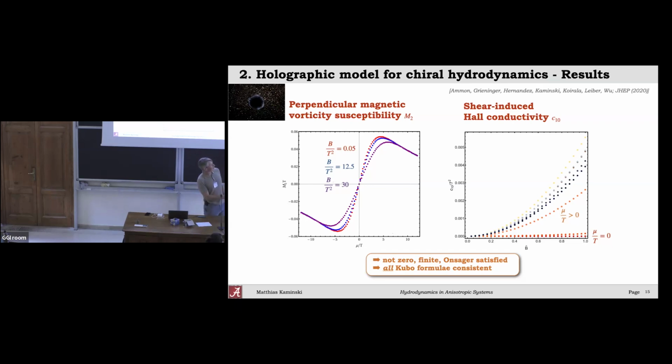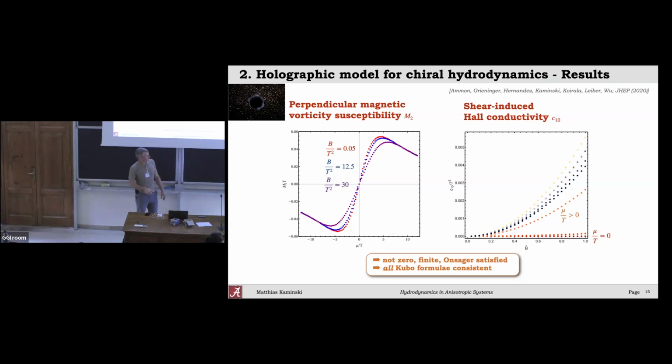And then you see that there is the shear induced Hall conductivity, C10, that I advertised. That's this new parity odd coefficient that produces no entropy. And this C10 is 0 if you have 0 chemical potential, but as you have non-zero chemical potential, it increases with the magnetic field.